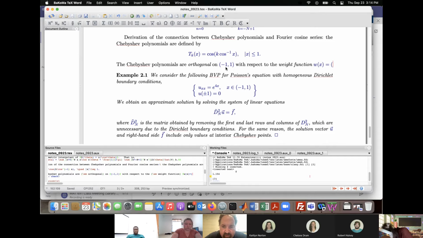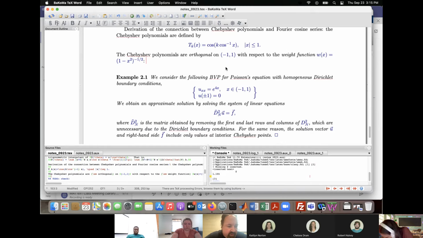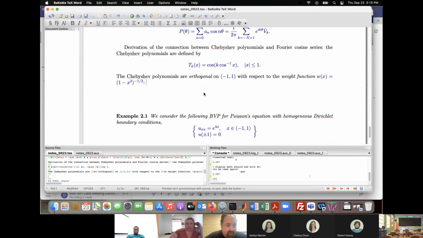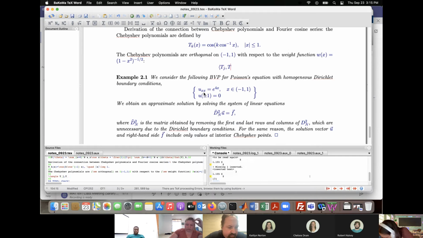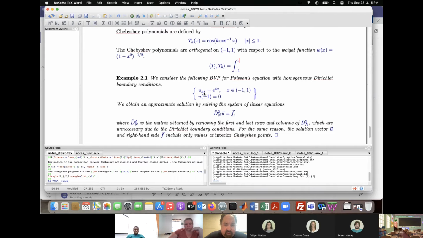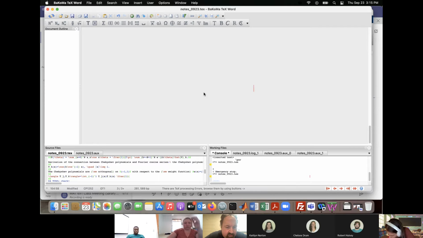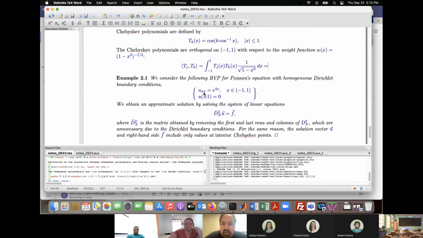So it's 1 minus x squared to the -1/2 power, meaning that the inner product of two Chebyshev polynomials, which is defined to be the integral from -1 to 1 of T_j of x, T_k of x, with the weight function, is equal to 0 whenever j is not equal to k.